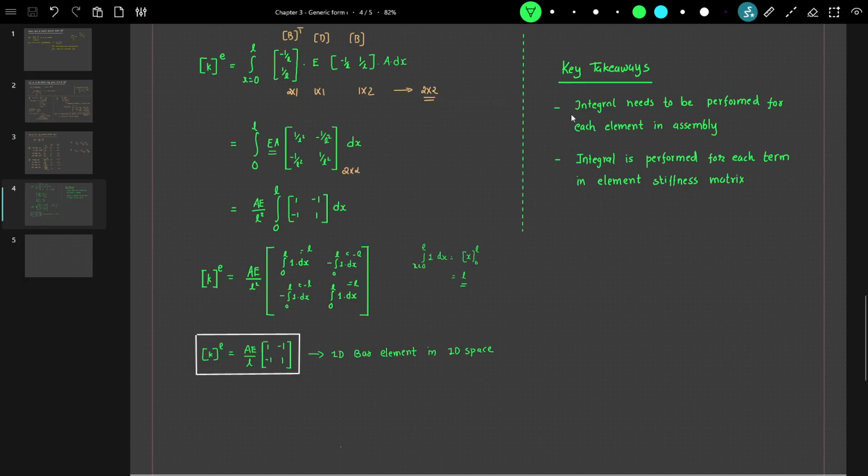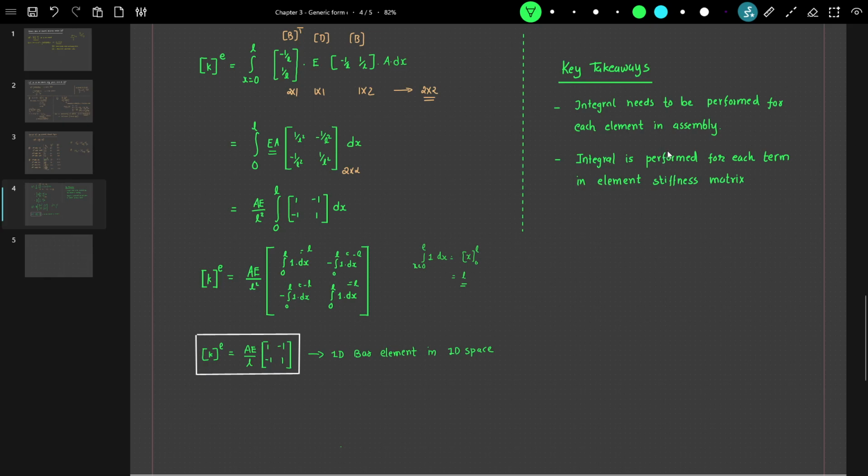So let's highlight some important points here. We can observe that while deriving the K matrix, we are doing integration inside the matrix. So the integral needs to be performed for each element in the assembly. We may have 1,000 elements, and we need to do integration for each element.